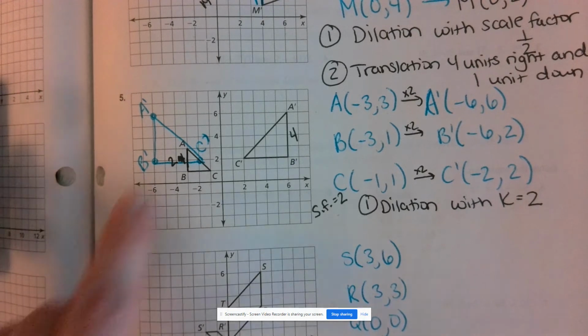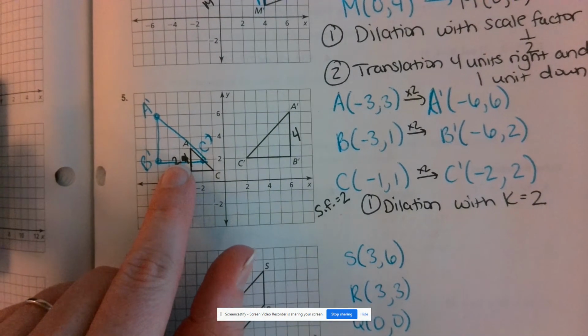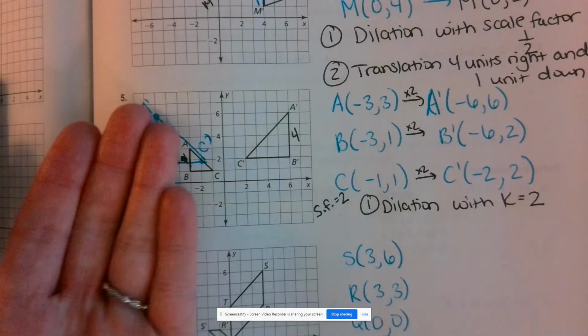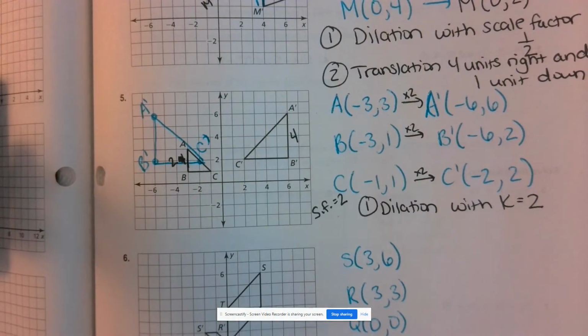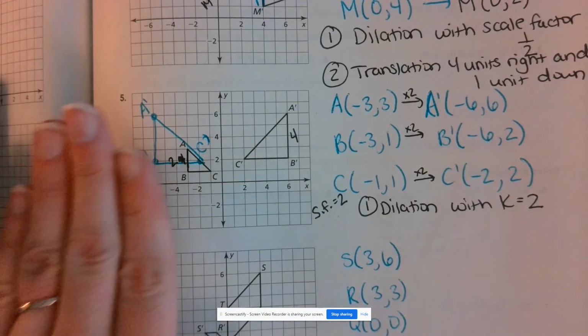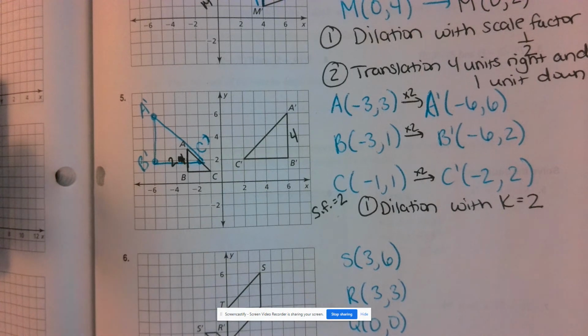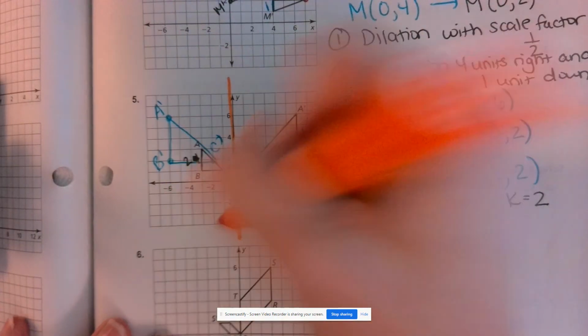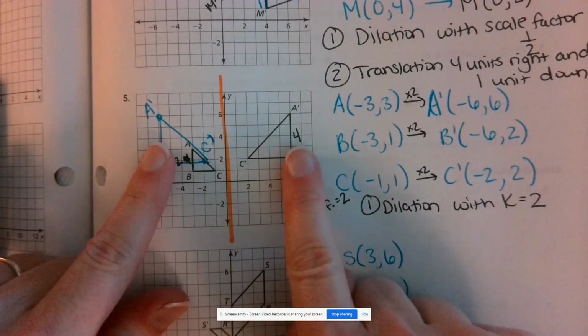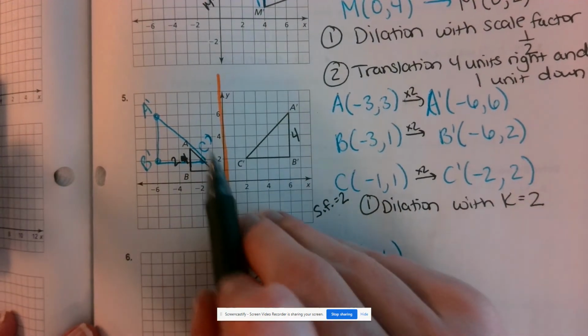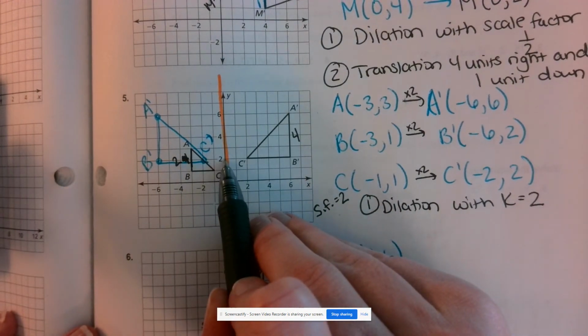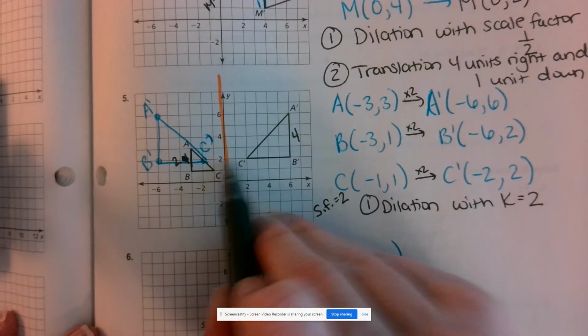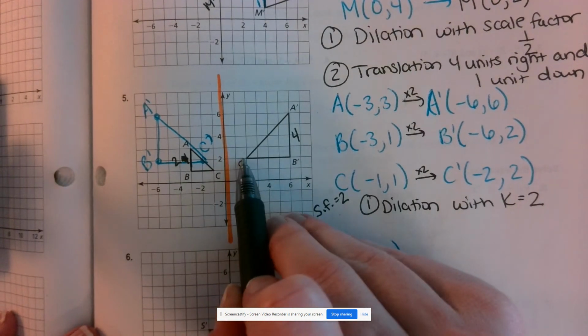Now I can tell to map this blue triangle onto my final image, a flip or a reflection will have to occur. It's going to have to flip horizontally, so I'm looking for a vertical line of reflection. And just by looking at the graph, I can tell that the y-axis is in the center of these two triangles, right? C prime is 2 to the left here, and this C prime is 2 to the right.